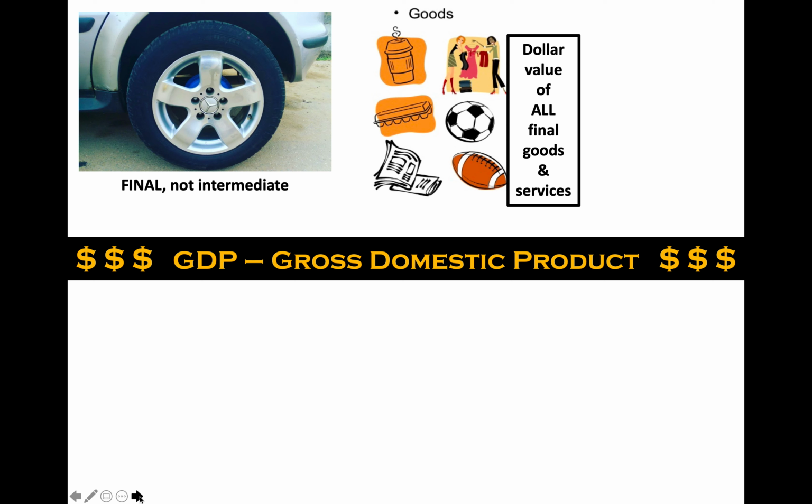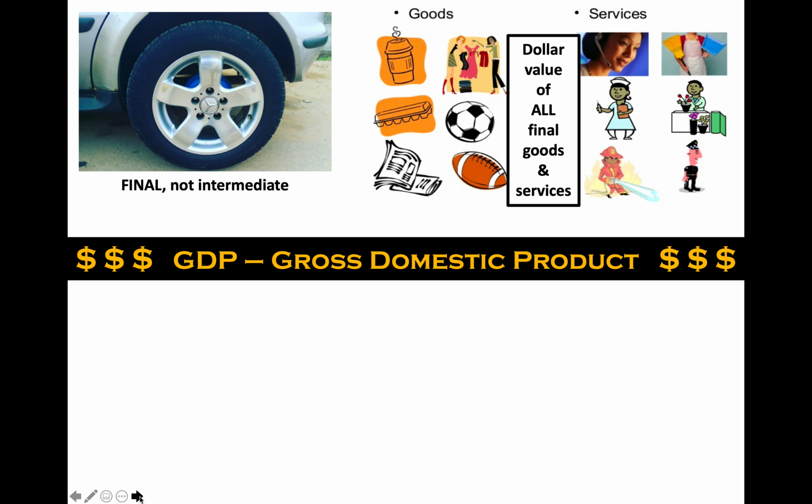Now, tires that are sold to people to replace tires on their cars, those are counted because that is a final good going to the person to replace an earlier, damaged tire or what have you. Okay, so we also have services.